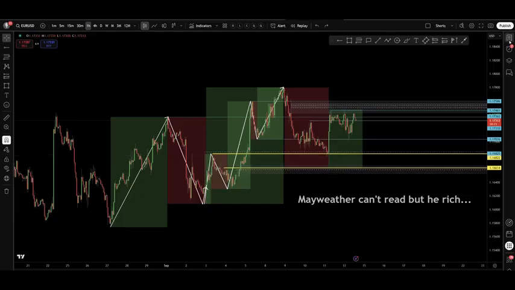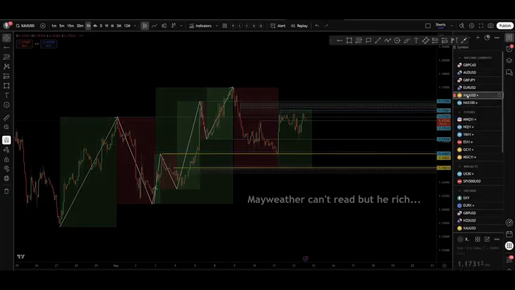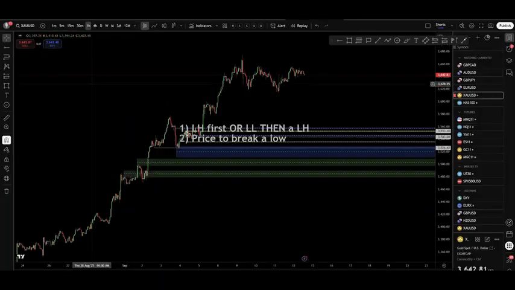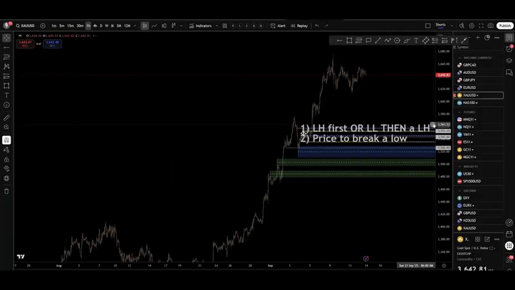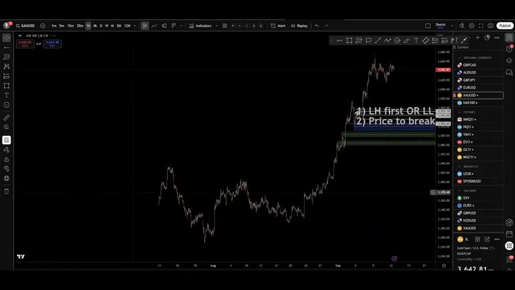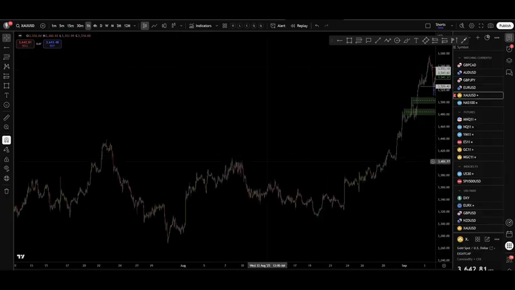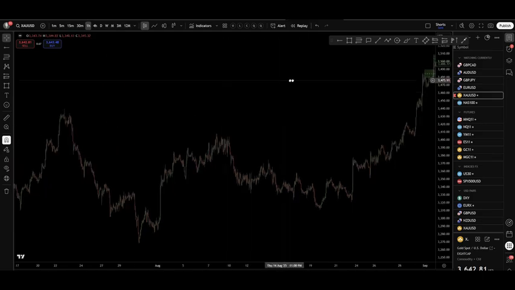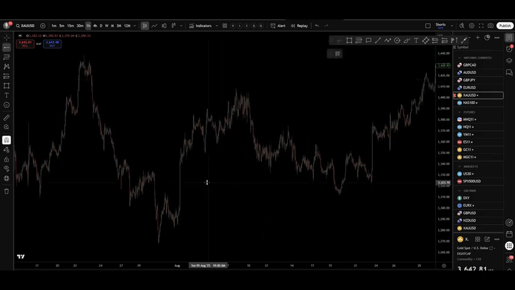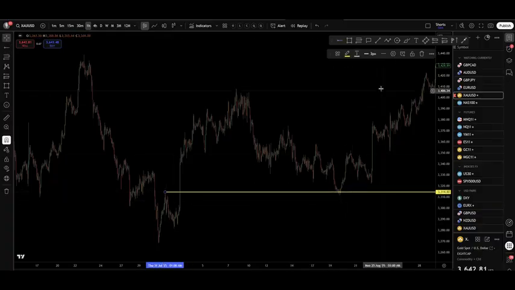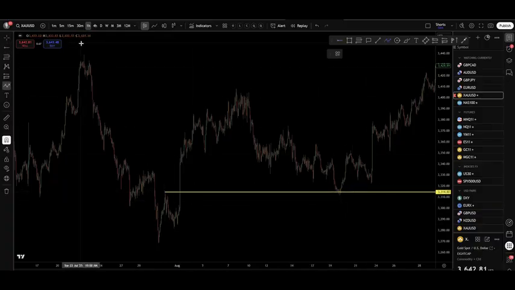Let's go look at gold real quick. Basically, the same thing happened right here, but it was just bullish. Same thing happened on gold. Because the market structure, this was the downtrend.